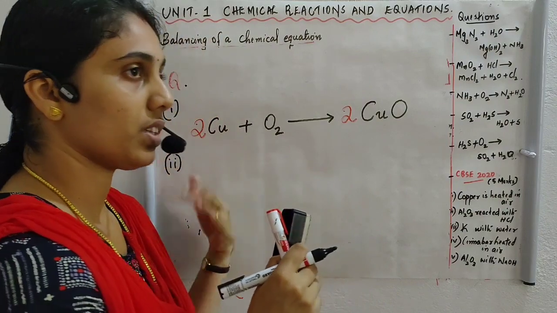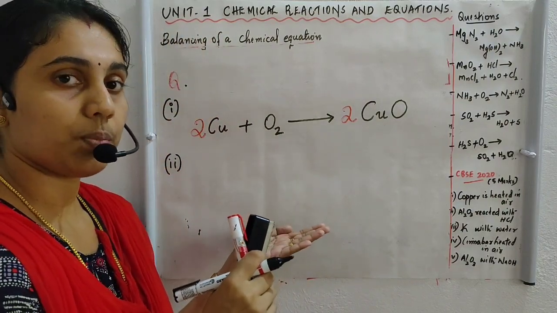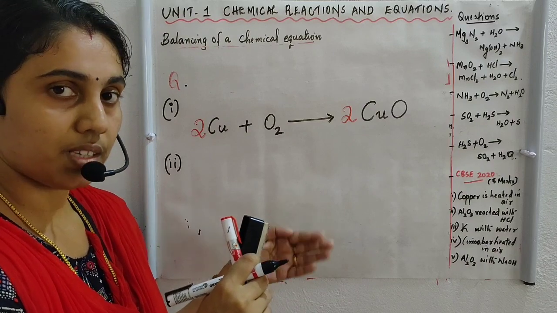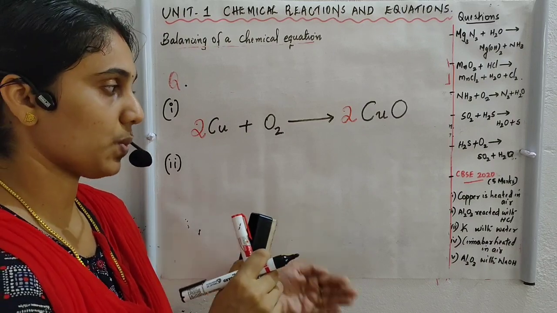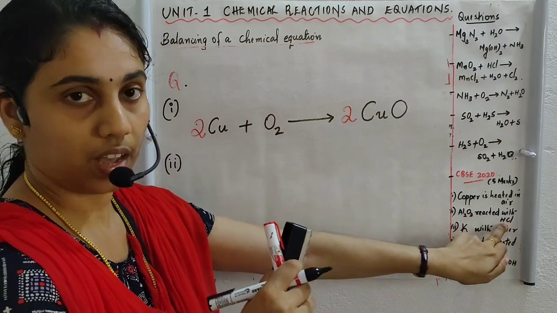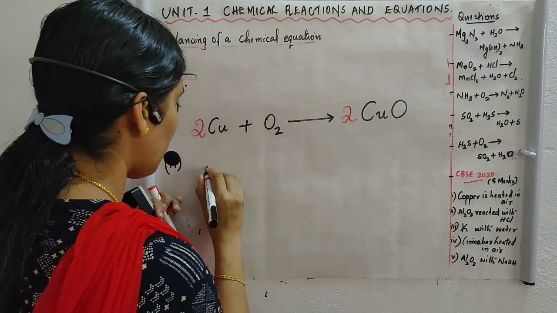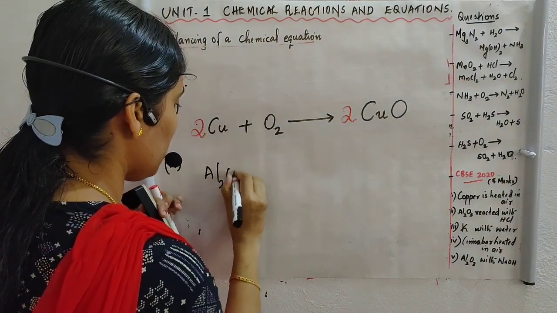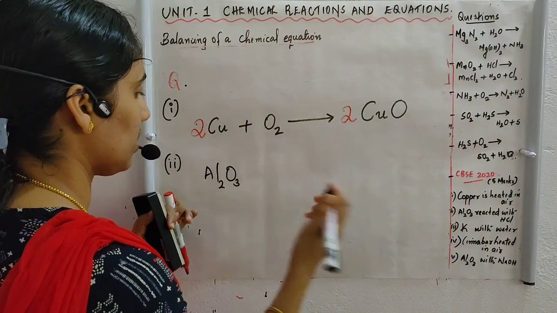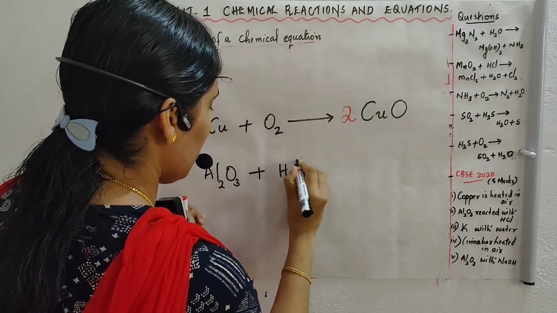We have to know the reaction from the coming chapters, metals and non-metals, acids and bases, all these areas we are discussing. Metal oxide plus acid, the reaction. So aluminium oxide, we know the formula, it is Al2O3. To write the reaction, you have to study the coming portion, but our aim is balancing of the same.